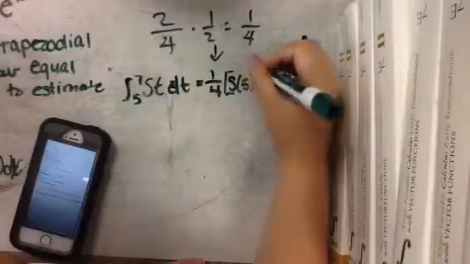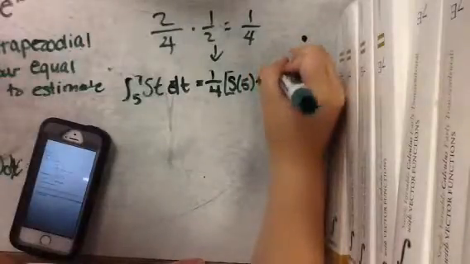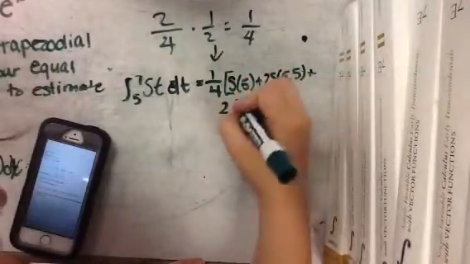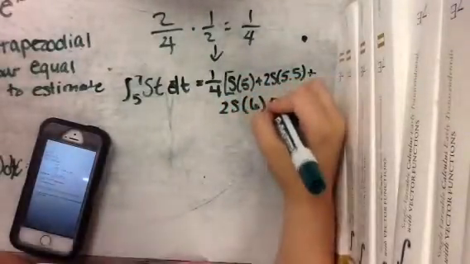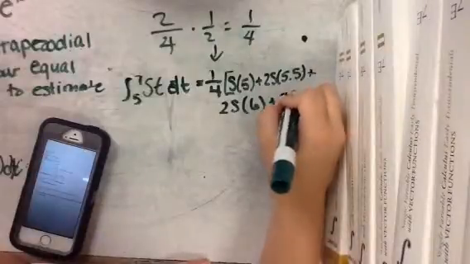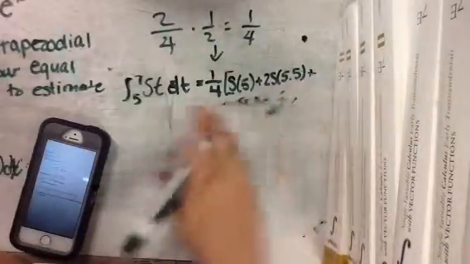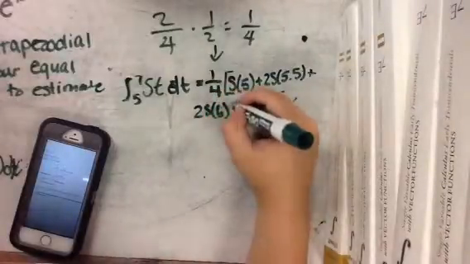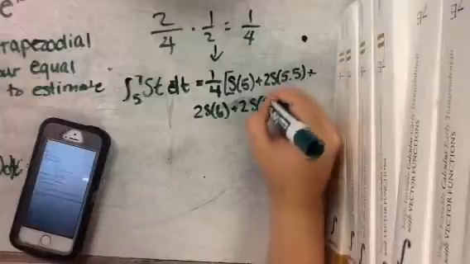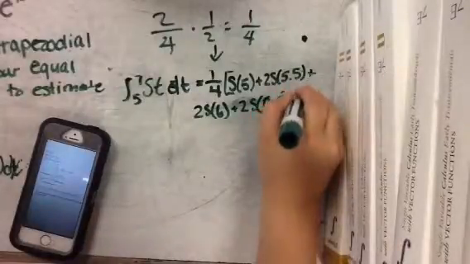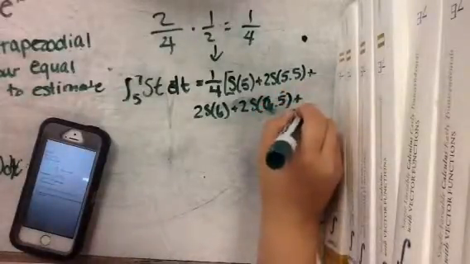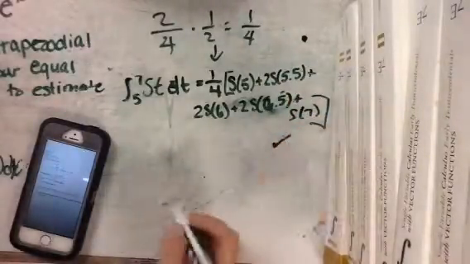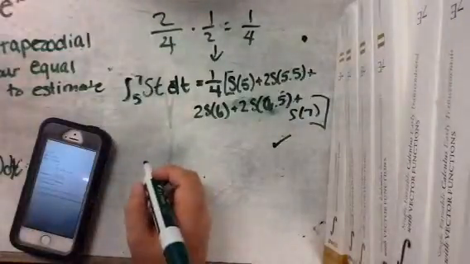Then we multiply S of 5, plus 2S of 5.5, plus 2S of 6, plus 2S of 6.5, plus S of 7. And AP says that's all you have to do. You don't have to go any further.